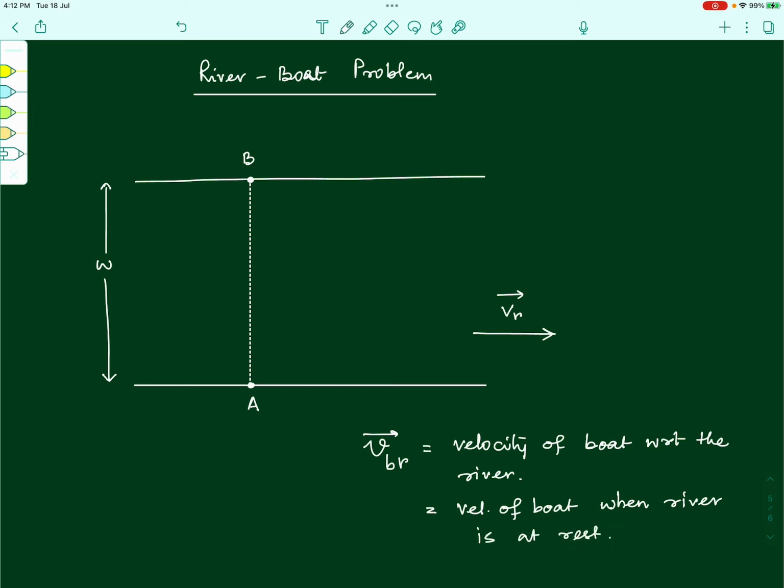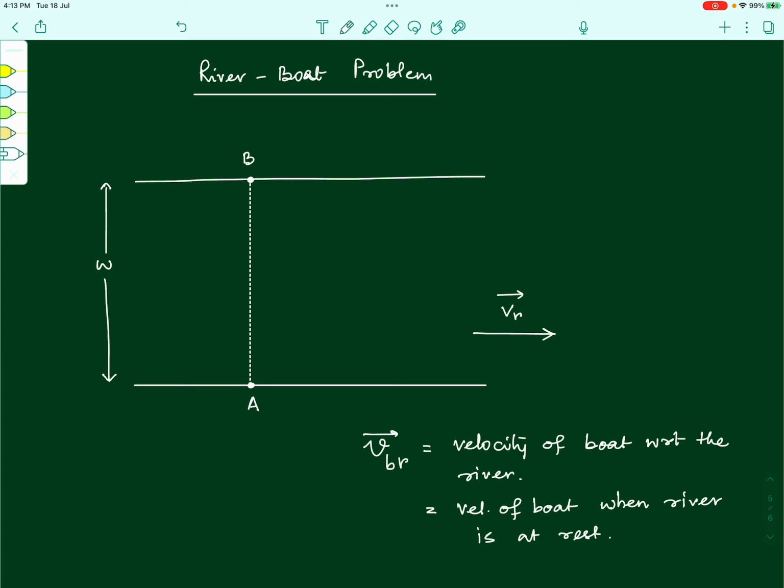Now the river cannot actually be at rest, but this basically means that when someone is trying to move in a river which is not moving, in that case how will the boat move? Let us assume for a while that the river is not flowing. It's like a lake, with water being still.